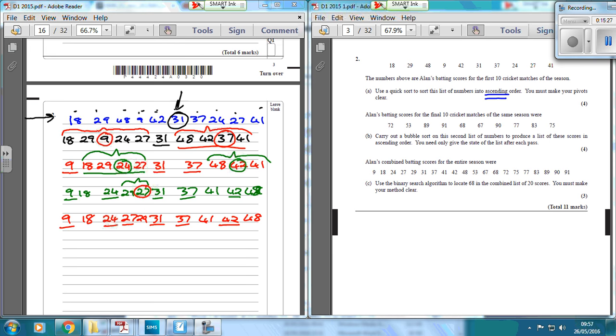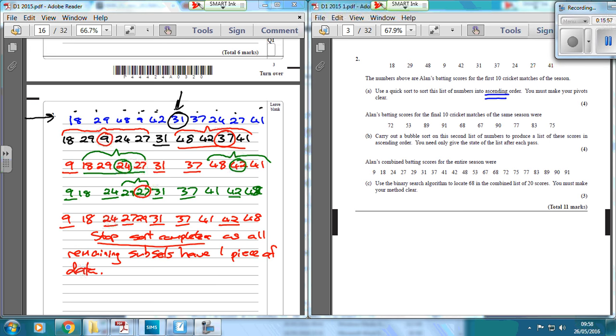And then we need to say stop, sort complete, as all remaining subsets have one piece of data. Usually just stop, sort complete is enough.